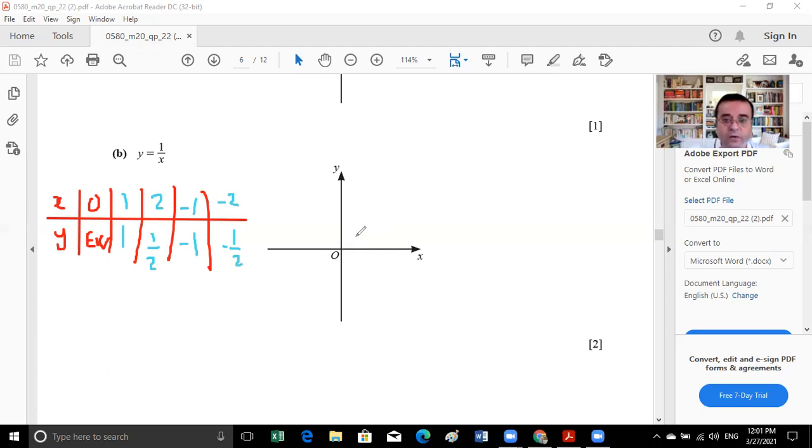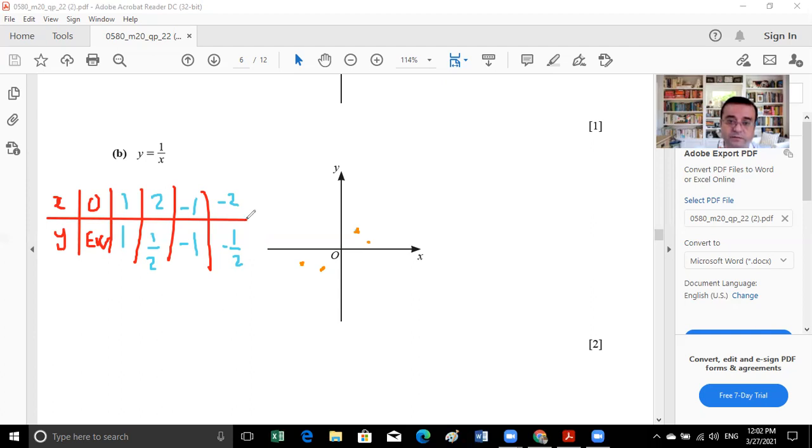Plot 1, 1; 2, half; -1, -1; -2, -0.5. Can you see this color, or do you want me to change it? You see? Okay, is it enough?